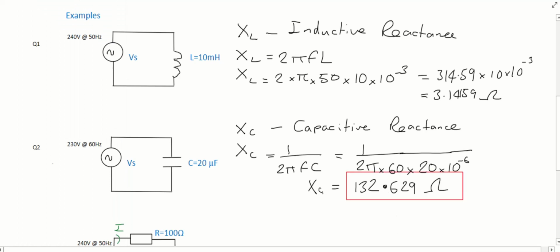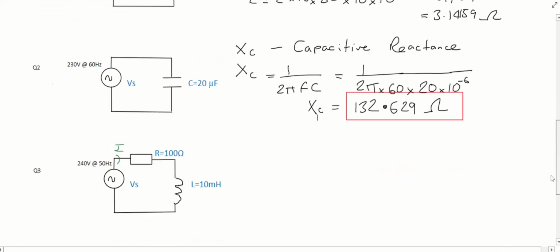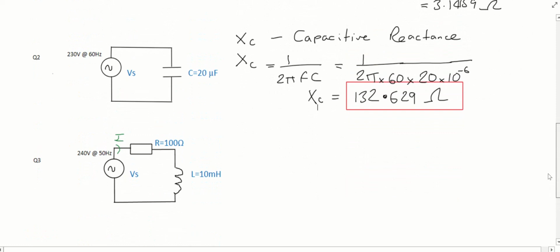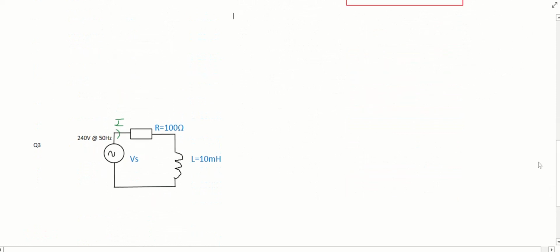Okay, so we can now move down to a phasor type question. So this is a combination of a resistor and an inductor in this circuit. So we need to be able to work out the phasor diagram for this. So we can actually this time do an impedance phasor diagram, and everything lines up with the CIVIL acronym still.